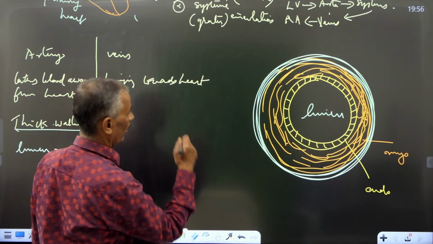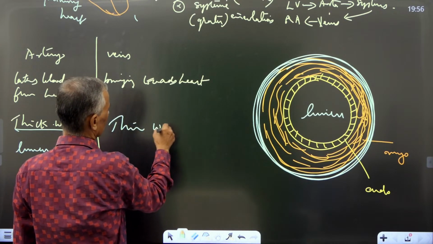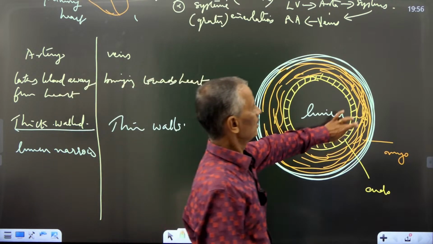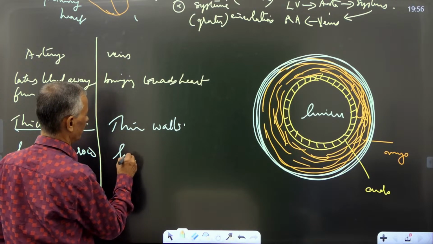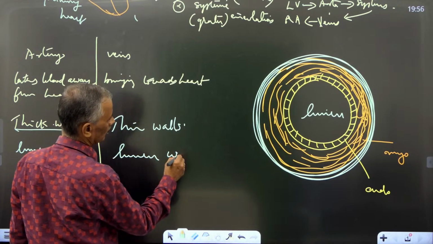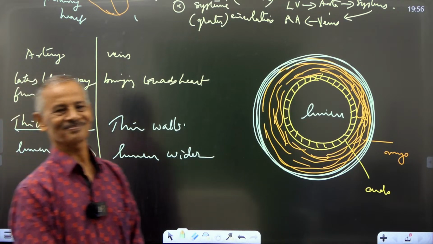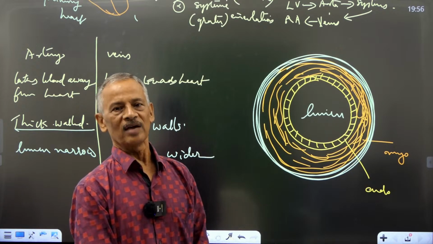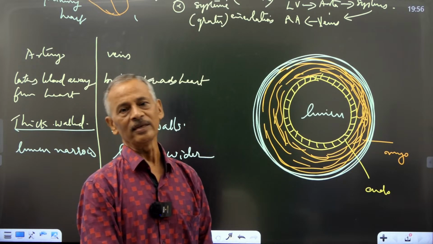Whereas a vein will be having thin walls. The muscular layer will be very, very thin, and so the lumen will be wide. You are having such 3 layers in both arteries and veins.